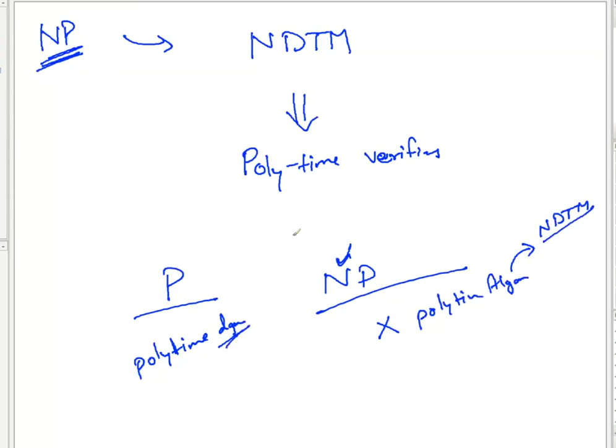So NP is not non-polynomial, it is N for non-deterministic polynomial. So it's a non-deterministic polynomial time algorithm, and here you have a deterministic polynomial time algorithm. That is the difference. In the next class we're going to understand the non-deterministic Turing machine representation for NP, and then we're going to cover NP completeness.